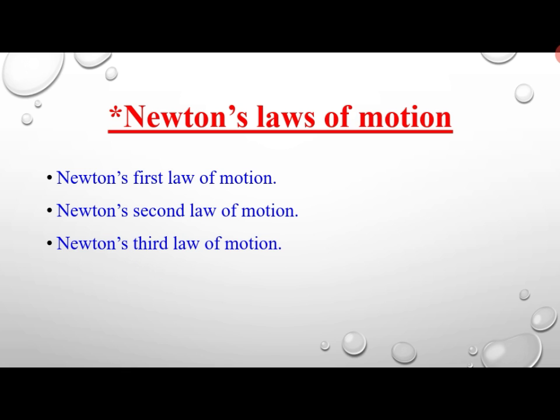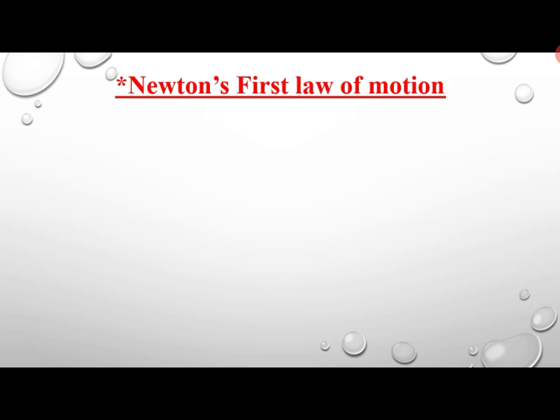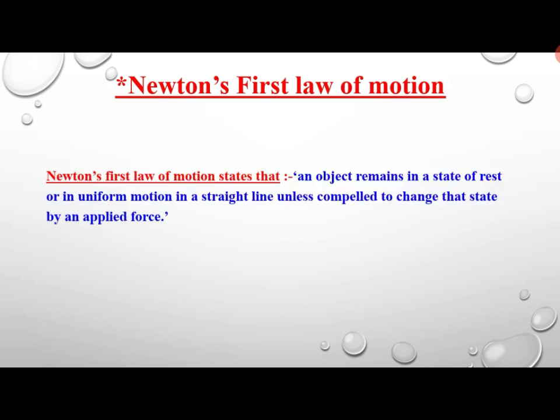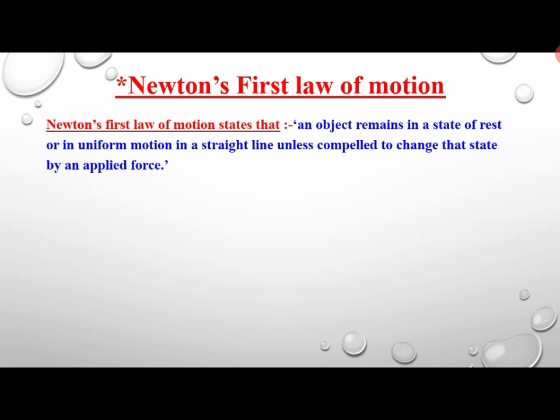So let us first consider Newton's first law of motion. According to Newton's first law of motion, an object will remain in a state of rest or in a state of uniform motion along a straight line unless or until some external force is applied on that object.